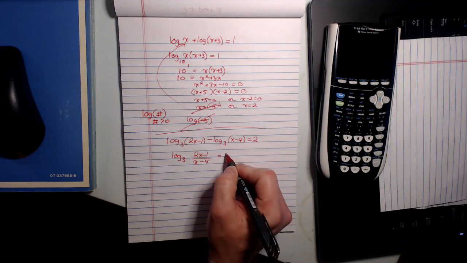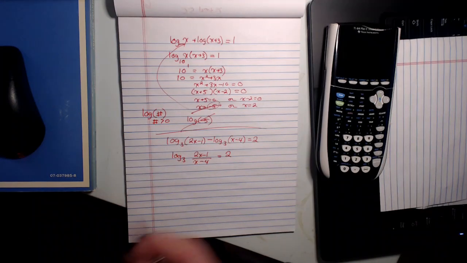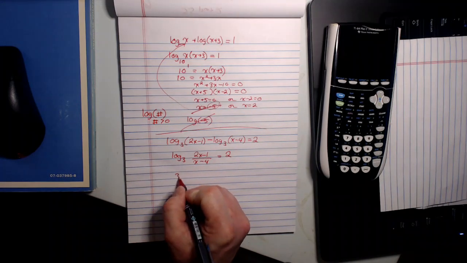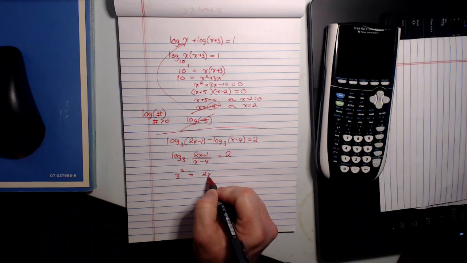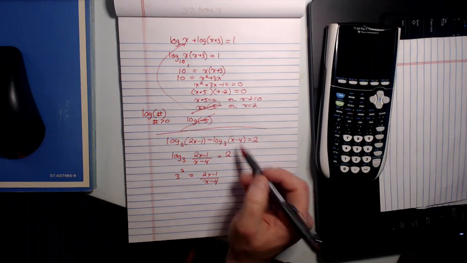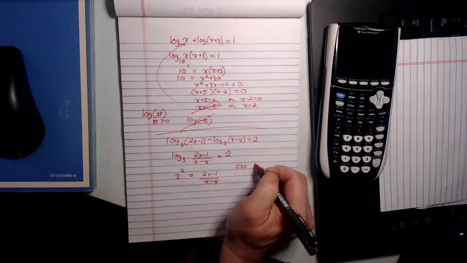And that's going to be equal to 2. Now I'm going to change the form. This is 3 to the second power is equal to 2x minus 1 over x minus 4. So again, we're changing it from logarithmic form into exponential form here.